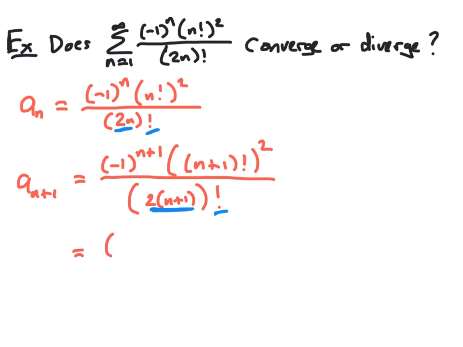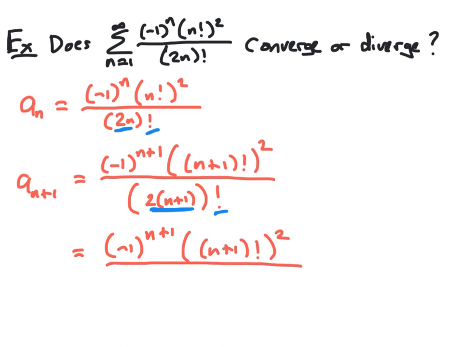And of course, this can be simplified a little bit. (-1)^(n+1) multiplied by ((n+1) factorial) squared, and in our denominator, 2 times (n+1) is going to be (2n+2) factorial. And so this will be the formula that we use for a sub n plus 1 in terms of computing our limit.